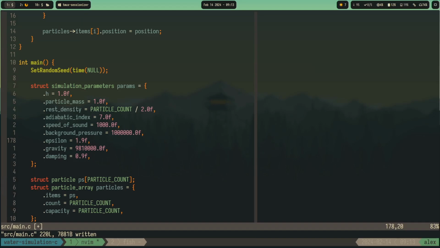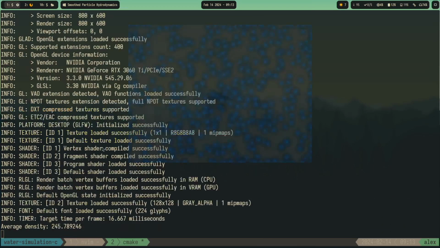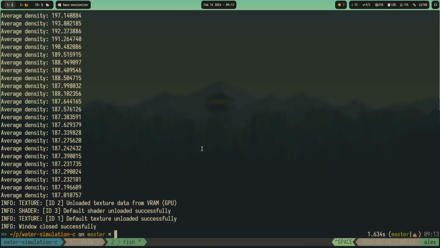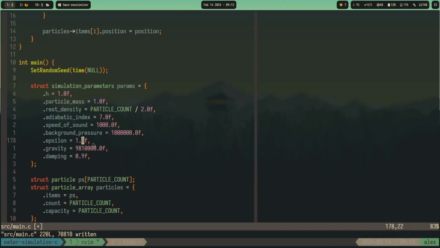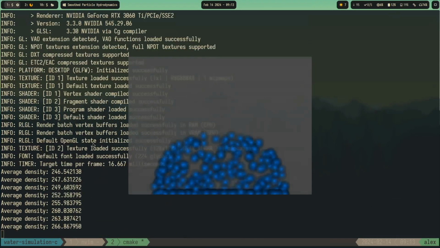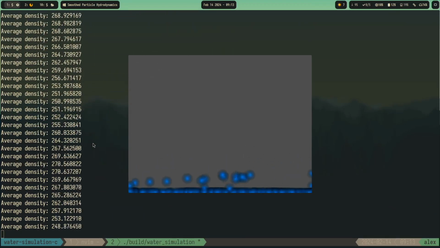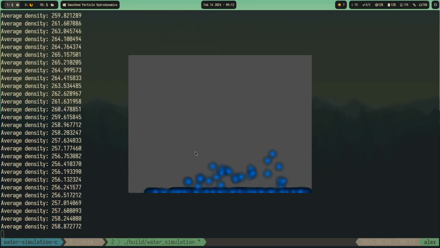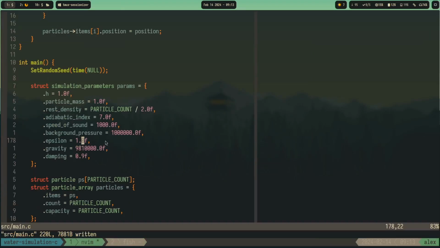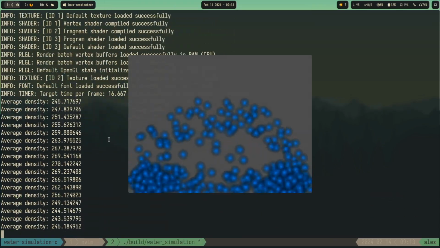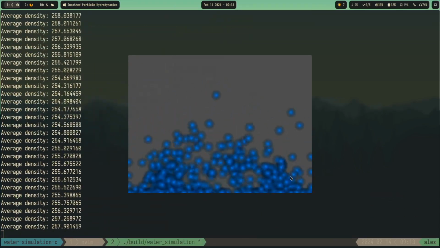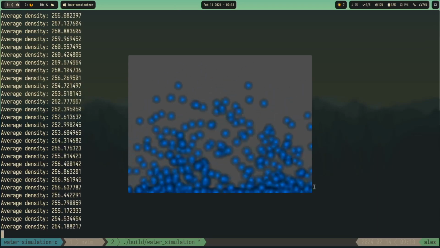What if we go for something larger than 1? Yeah, in the paper it says that it should be between 0 and 1, so that's okay. So let's leave it at 0.9, and let's try damping 1, so it just goes crazy.